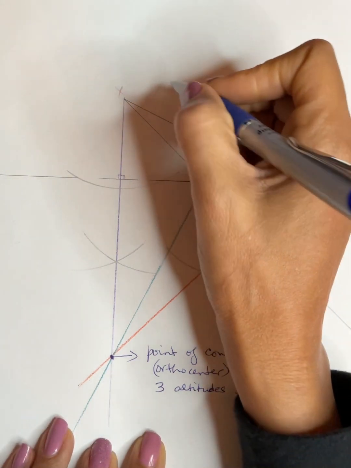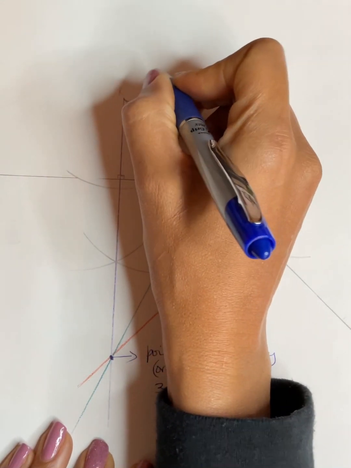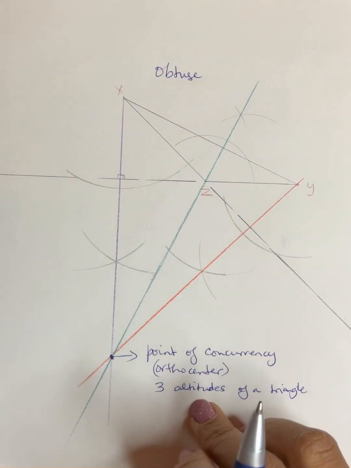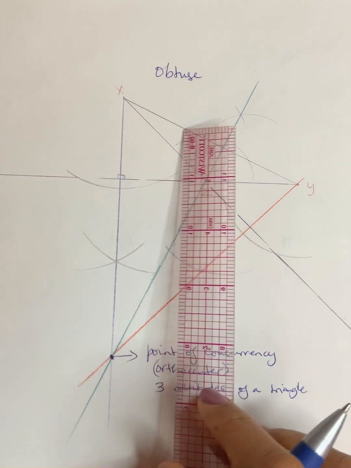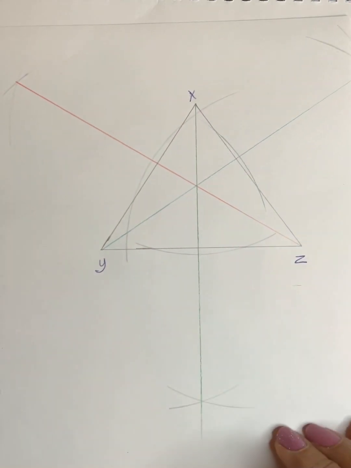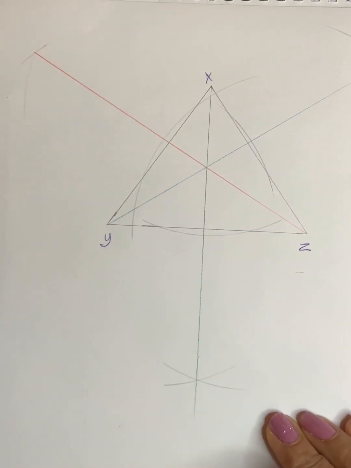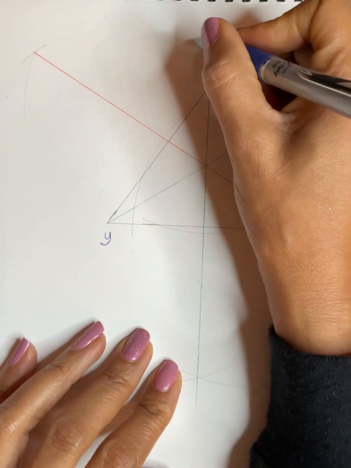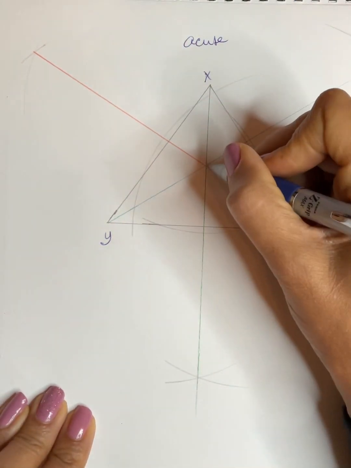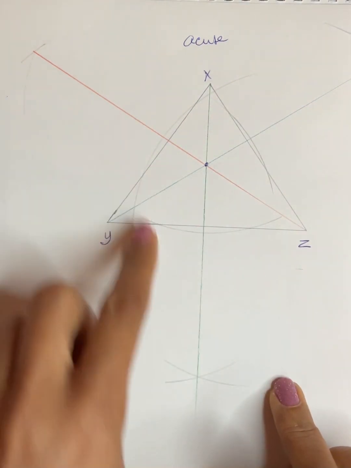Now this, as I said, is being done on an obtuse triangle, and you notice it's meeting outside of the triangle. And let's look at another type of triangle, which is the acute triangle. In an acute triangle, it's going to meet right here, because I did it from all the vertices.